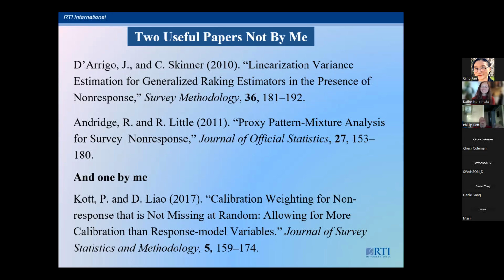So I have somebody else programming all this non-probability sampling stuff for me, and we wrote the paper, and they want an appendix with some of her SUDAAN code and an explanation of what the code does, but she hasn't written it yet. So as soon as she writes it, it'll be in RTI Press. Right now, you'll have to read the proceedings version, or ask me for a copy, which has a lot of the errors corrected. But again, I don't have the SUDAAN code in it yet.